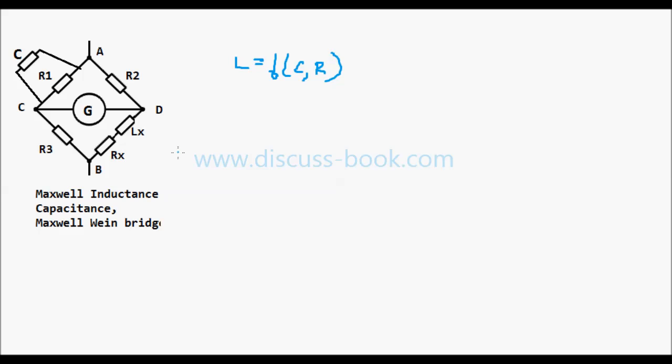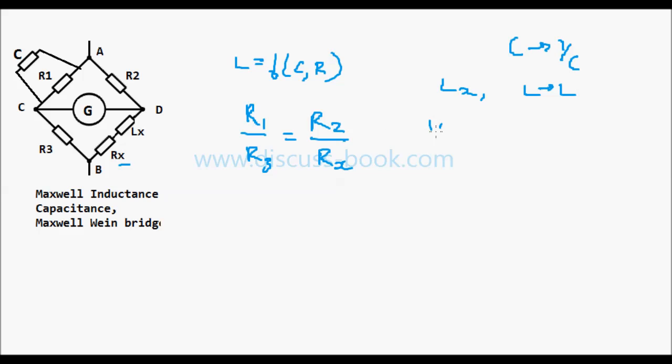Here, in order to write the equation for Rx, consider R1 divided by R3 is equal to R2 divided by Rx, and in order to write the equation for Lx, consider C as 1 upon C and L as L. So you have 1 upon C divided by R3 is equal to R2 divided by Lx.